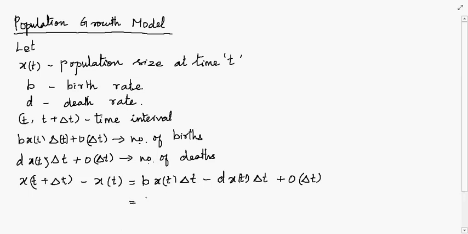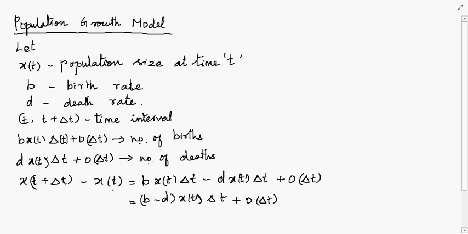Now this can be simplified into b minus d into x of t into delta t plus order of delta t.